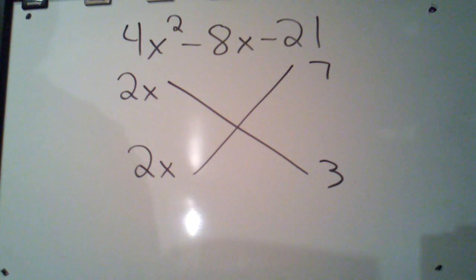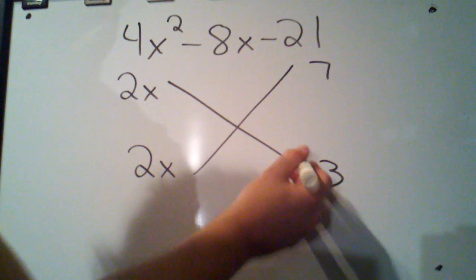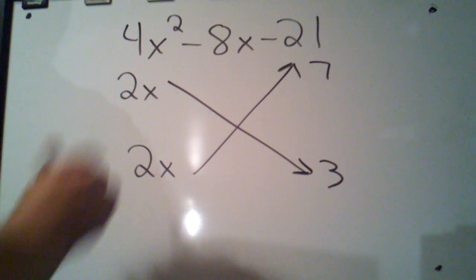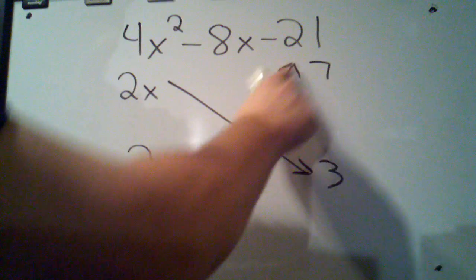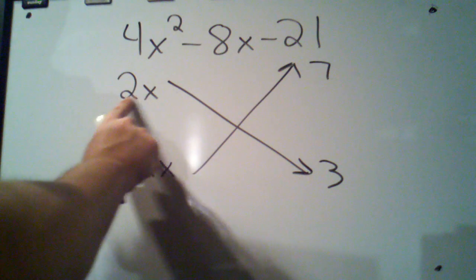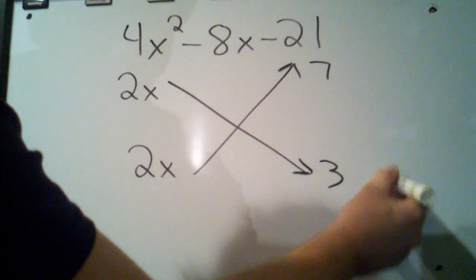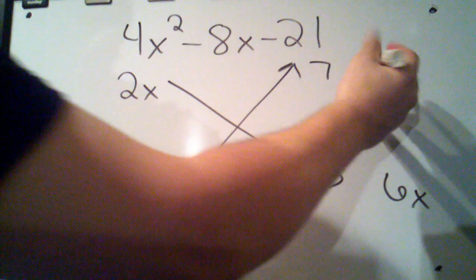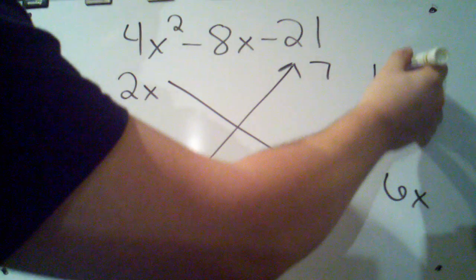Now if you remember from our last example, we drew in an arrow here and an arrow here, and we multiplied across down our arrows. 2x times 3 is a 6x, and a 2x times 7 is a 14x.